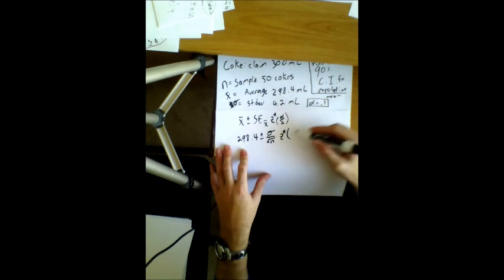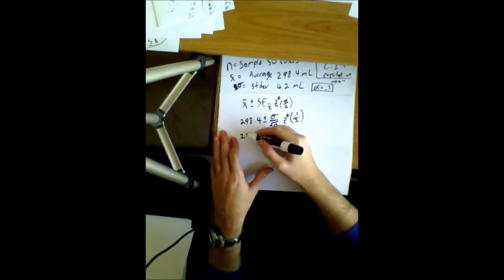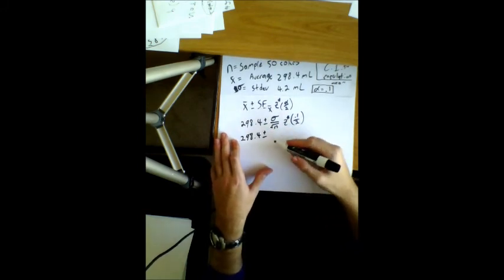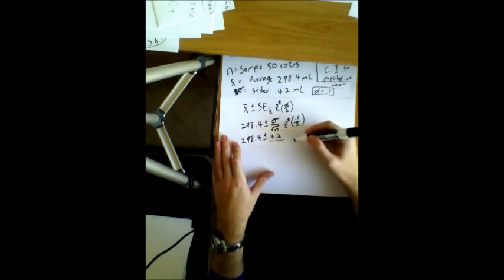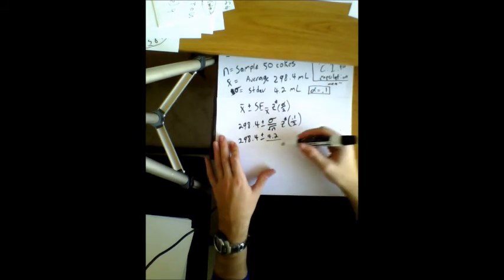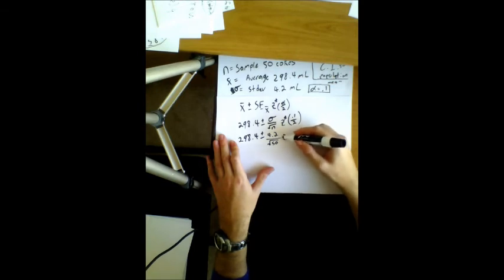Alpha was 0.1, divided by 2. Continuing along, 298.4 plus or minus 4.2 divided by, we're told that we have 50, so n is 50, square root of 50, times z star of 0.05.